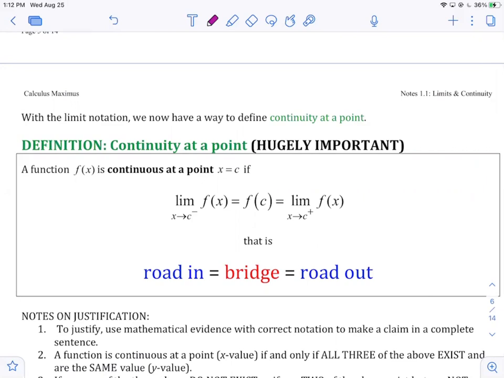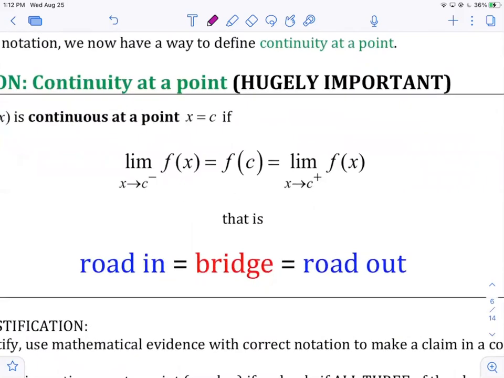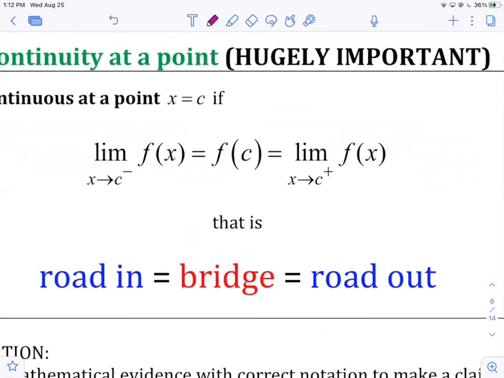No longer the informal definition, which was if you could draw it from left to right through that point without lifting your pen or pencil. No, we now have a rigid, more formal definition. If, okay, the limit from the left equals f of c, which equals the limit from the right, okay?